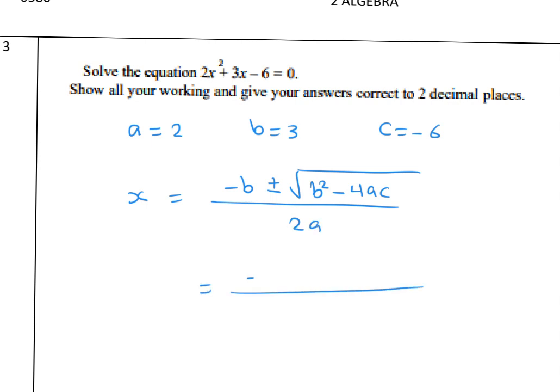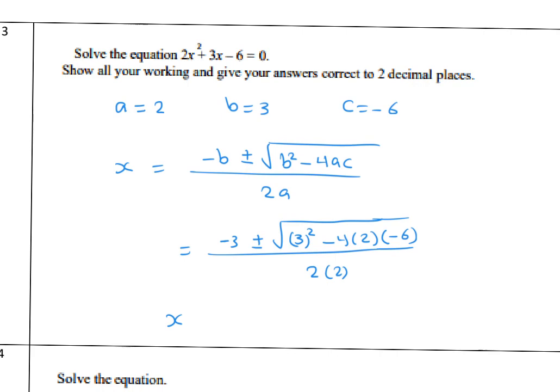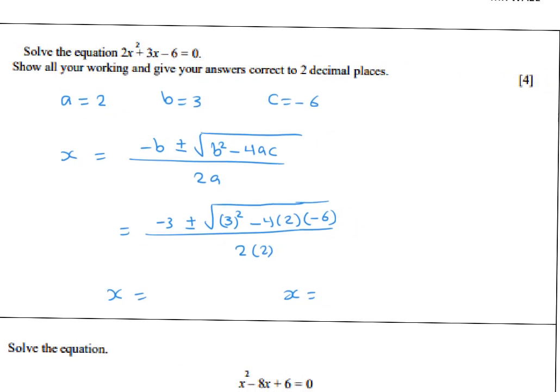It's negative 3 plus or minus the square root of 3 squared minus 4 multiplied by 2 and negative 6, over 2 multiplied by 2. Then you have 2 values for x. You can find the 2 values now.